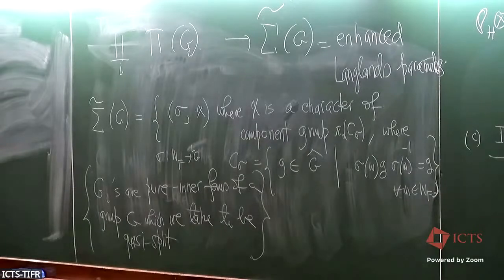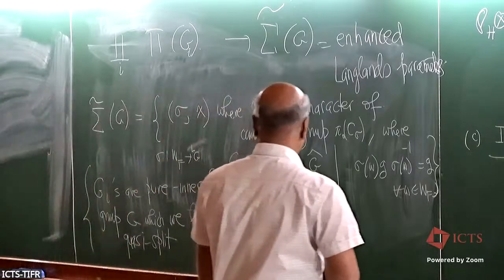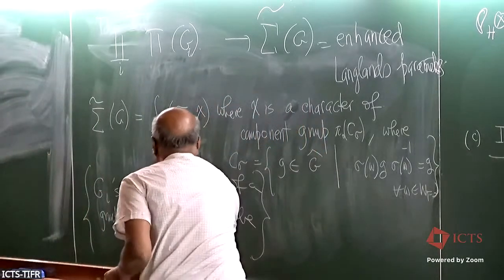So this is indeed the input which is necessary for stating the GGP conjectures. I am happy to clarify, repeat, but as I said, eventually I want to illustrate some of these notions in the simplest case of GL2 or SL2, so that you get a feel for what is being said.